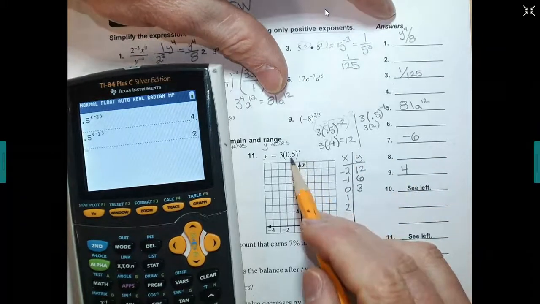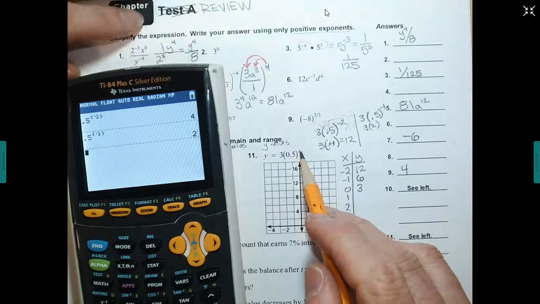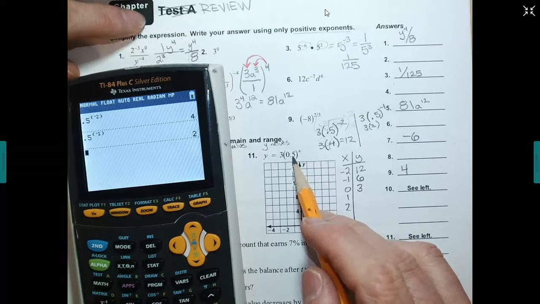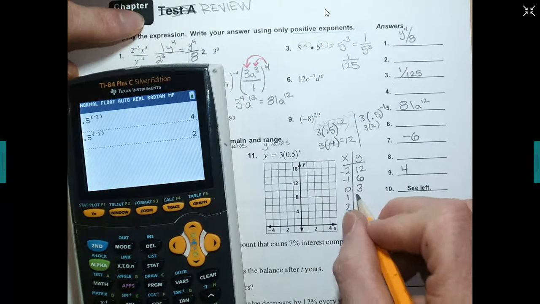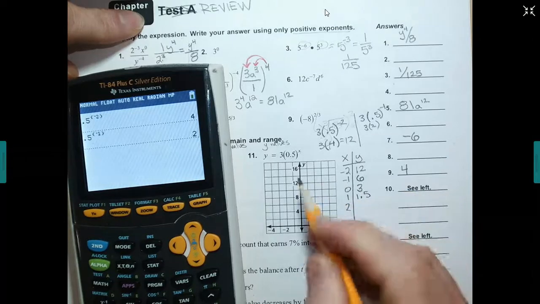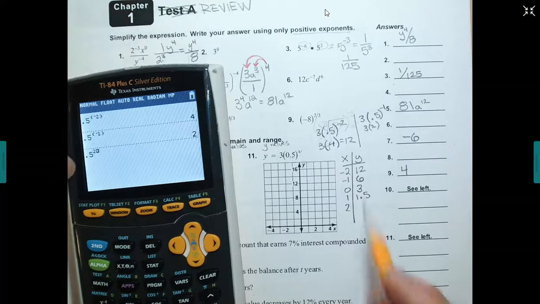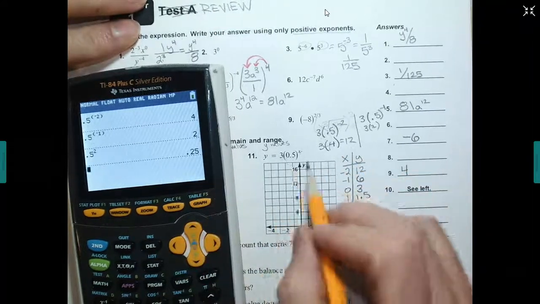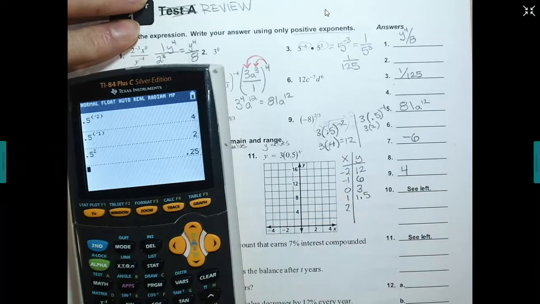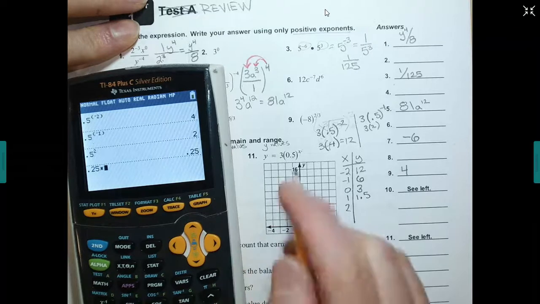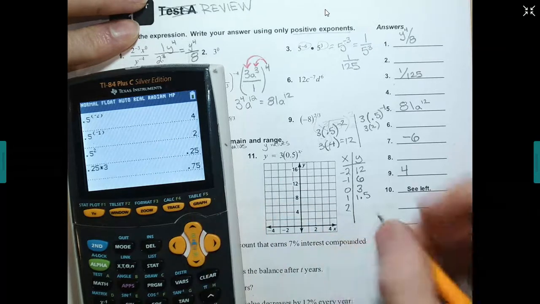And then 1, so 0.5 to the 1 exponent just leaves it at 0.5. So 3 times 0.5 is 1.5. And then 0.5 squared would be 0.25, right? And 0.25 times 3 is 0.75.